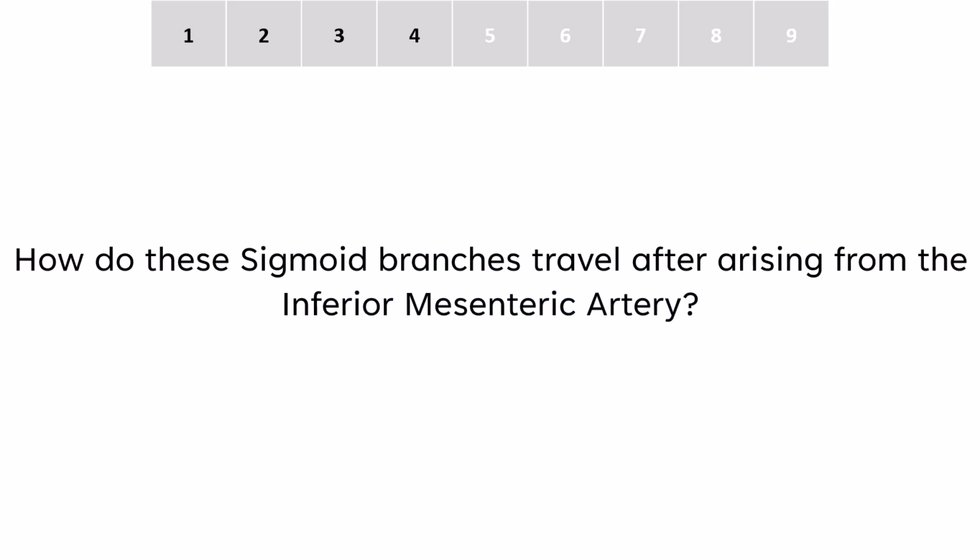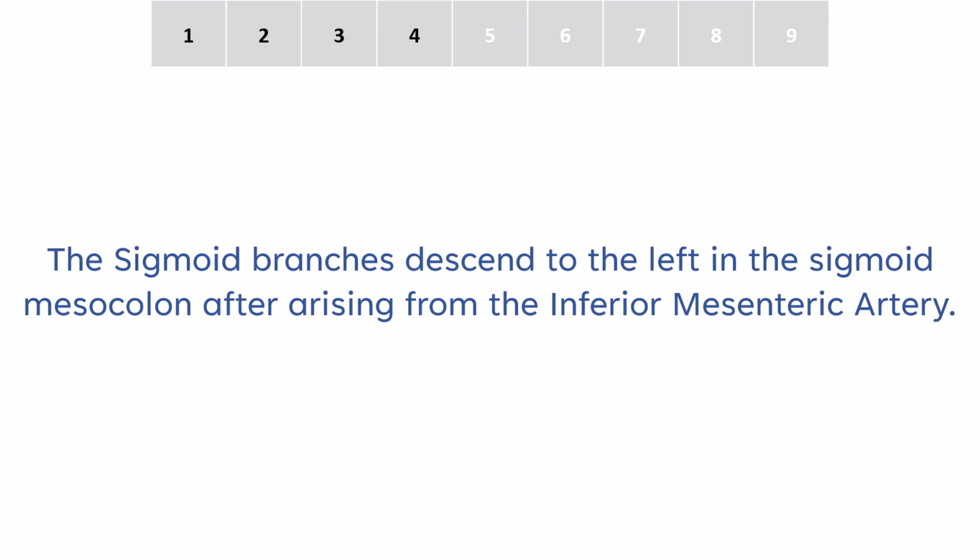How do these sigmoid branches travel after arising from the inferior mesenteric artery? The sigmoid branches descend to the left in the sigmoid mesocolon after arising from the inferior mesenteric artery.